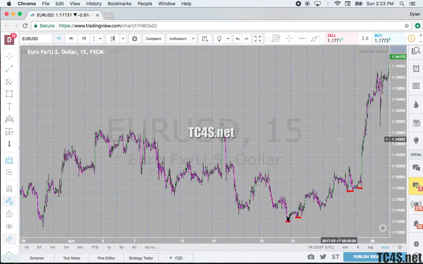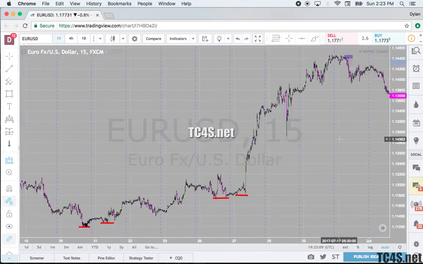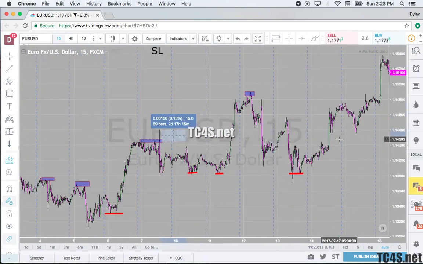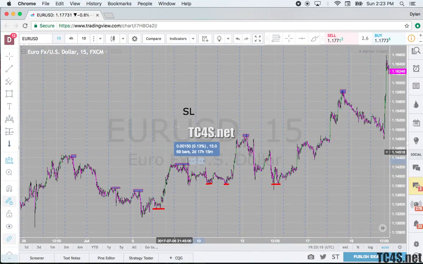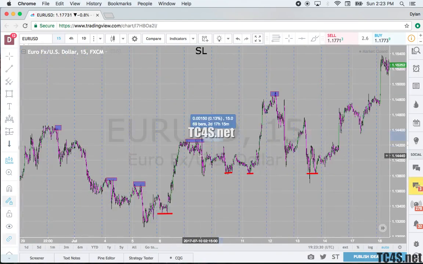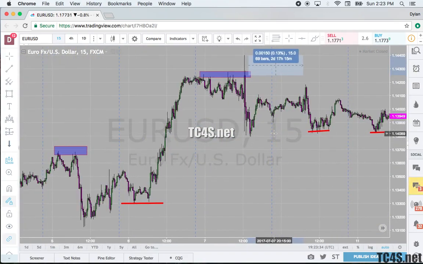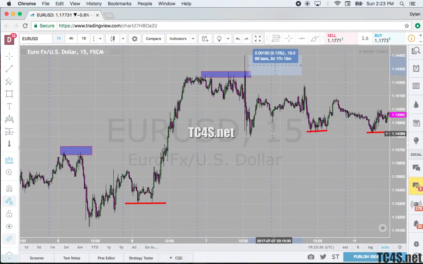So let's go on to basically the stop loss. What I was saying, for example, every pair is different. The GBP JPY, for example, will have stop hunts, wicks like this to the high of 20 to 30 pips on average.